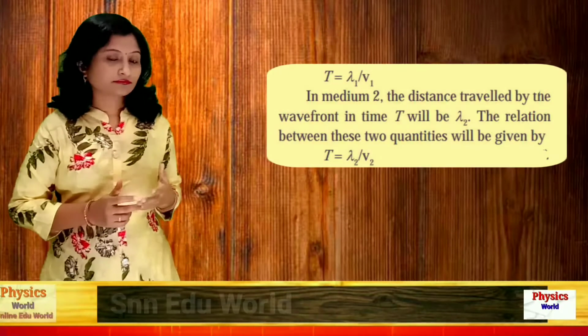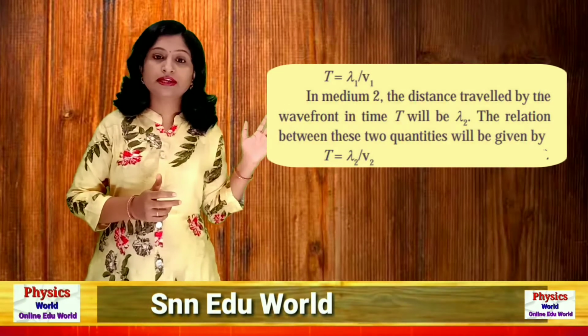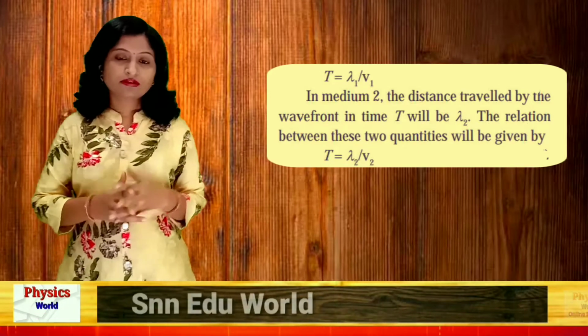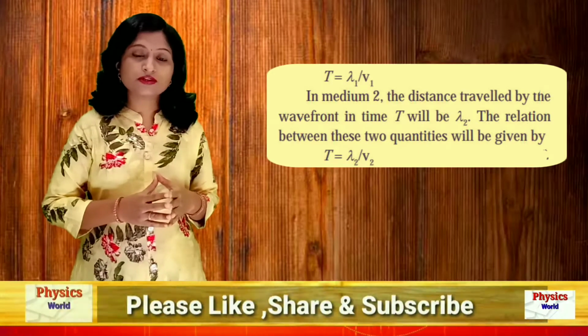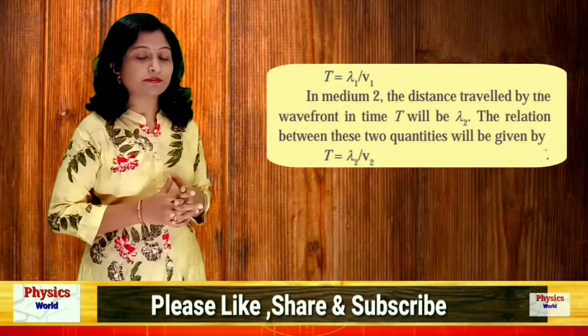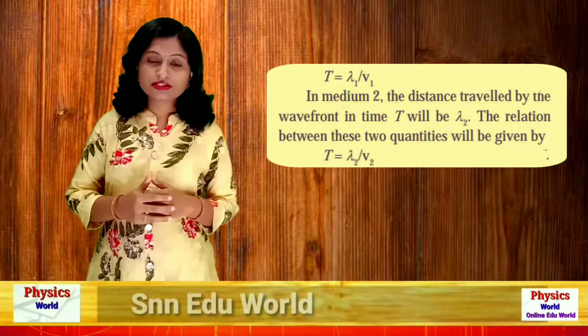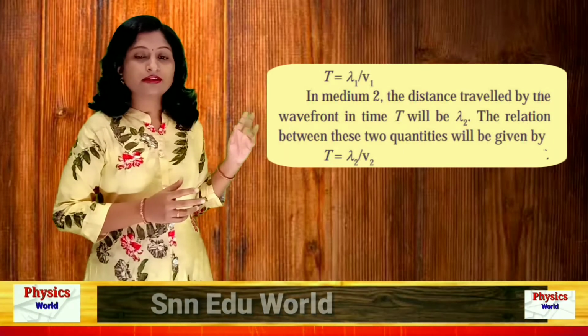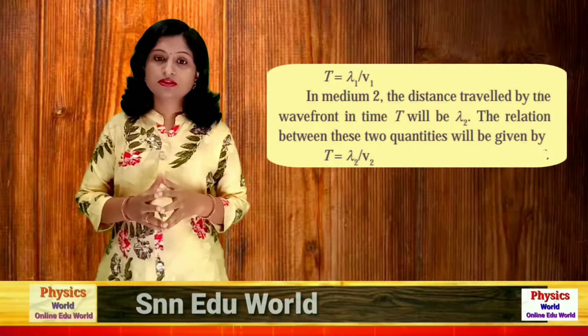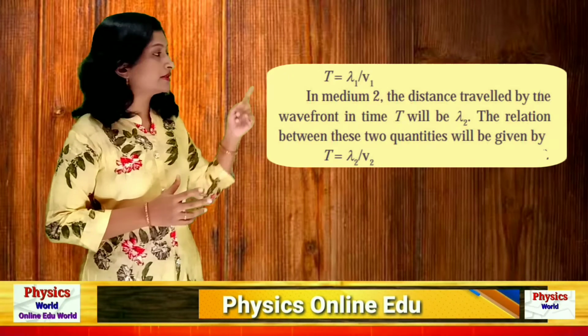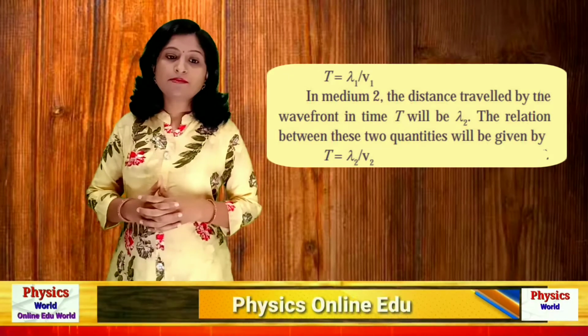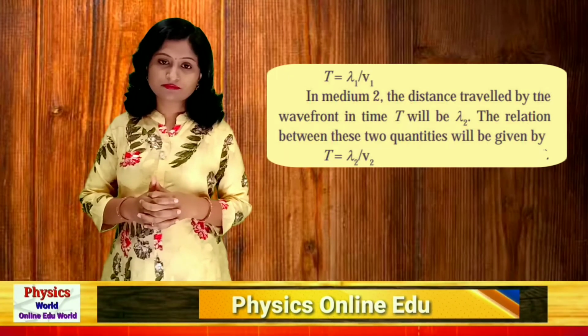Now here, let the time period in the first medium be T, time period represented with capital T. T will be the time period for the first medium when the ray of light will cover its distance. So here we will represent that T is equal to lambda 1 divided by V1.